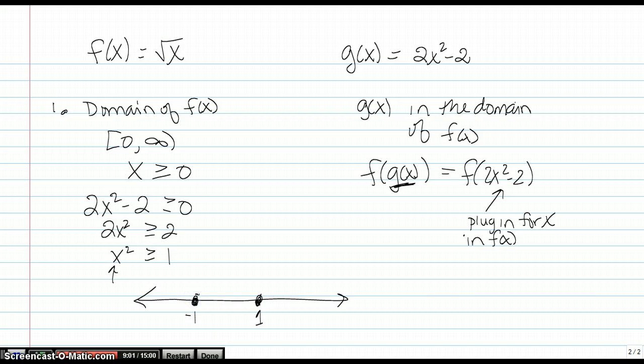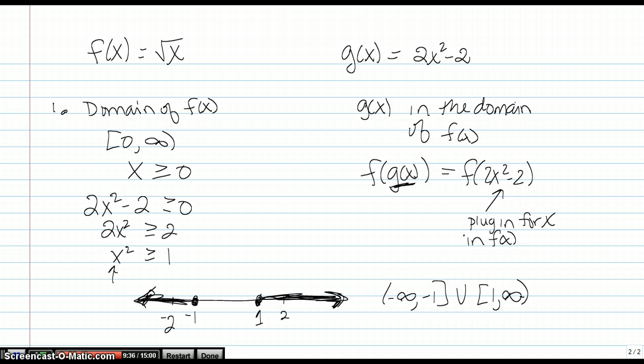In order to ensure I get numbers that are greater than 1, I would need something like 2. 2 squared is greater than 1, so we're going to shade this direction on our number line. And then I can also use values like, say, negative 2. Negative 2 squared would then also be 4, which is greater than 1, so I would shade this direction. So my final domain, again, is negative infinity to negative 1 and 1 to infinity, just like it was when we looked at the graphical picture.